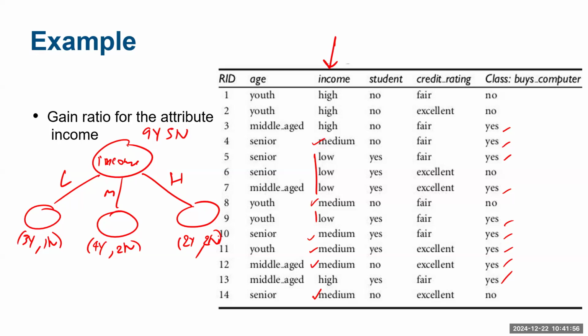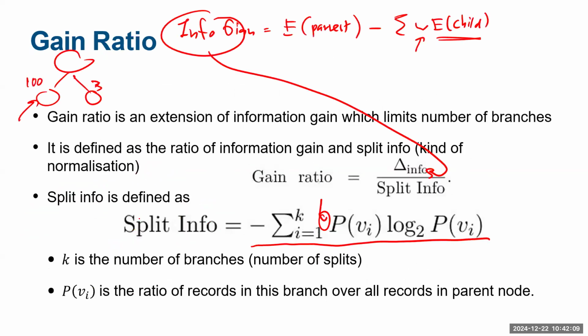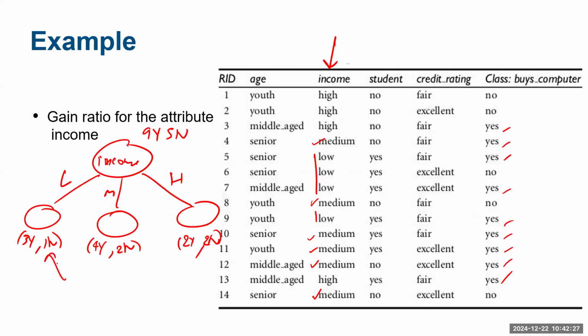And I want to compute the gain ratio. So I compute the split info first. The split info, compared to the entropy: for the entropy, you only look at the data within the set.